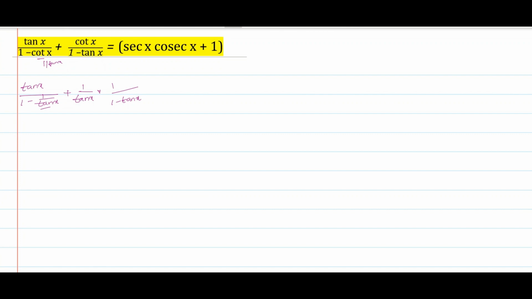Now take the LCM here and then tan x to the numerator. That makes tan square x upon (tan x minus 1) plus 1 by tan x will be there, and in the denominator if we take minus 1 out, it becomes minus 1 upon (tan x minus 1).